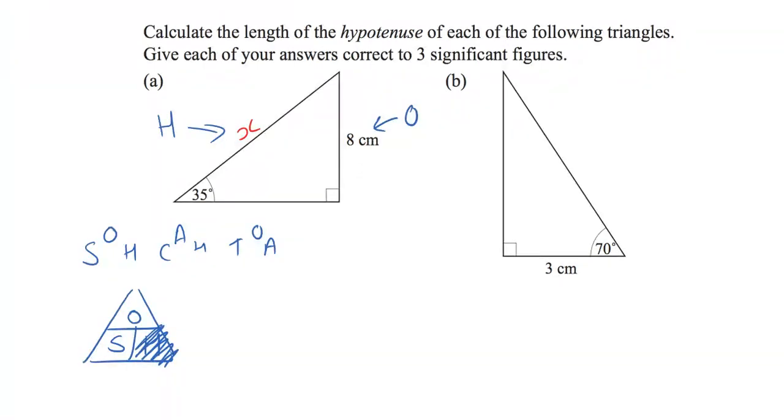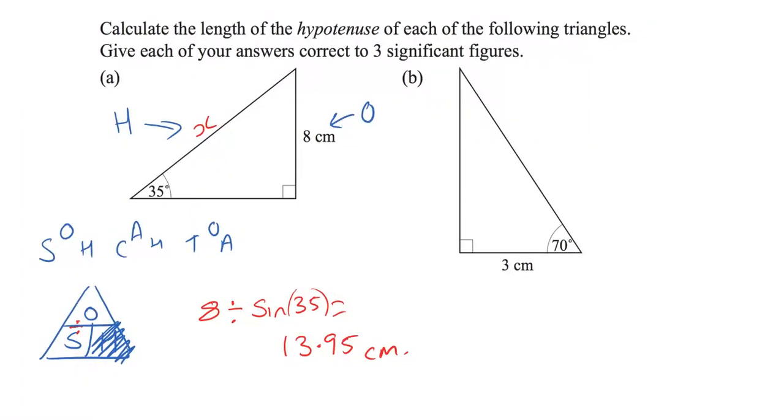Well, that means I'm going to need to divide. So my answer is going to be the opposite, which is 8, divided by the sine of 35 degrees. So if you jump on the calculator and do that, you should get 13.95 centimeters.